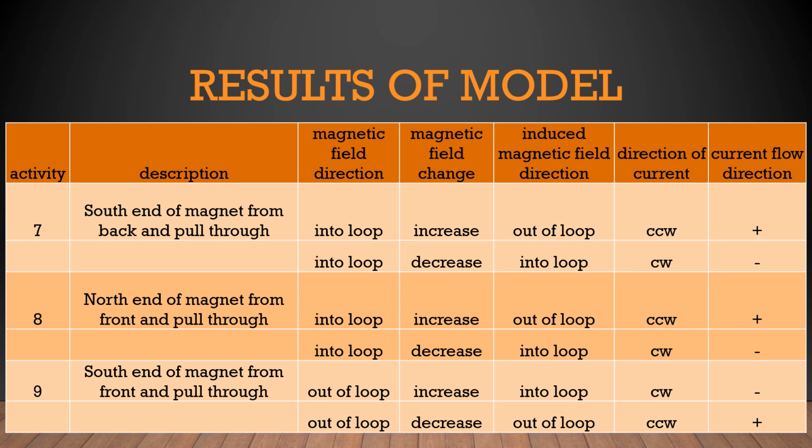So sticking the north end of the magnet into the front of the loop means that the arrow pointing into the south is also pointing into the loop. So the EMF is going to be the opposite of that. It's going to push out of the loop in response. So yeah, that's just about it.